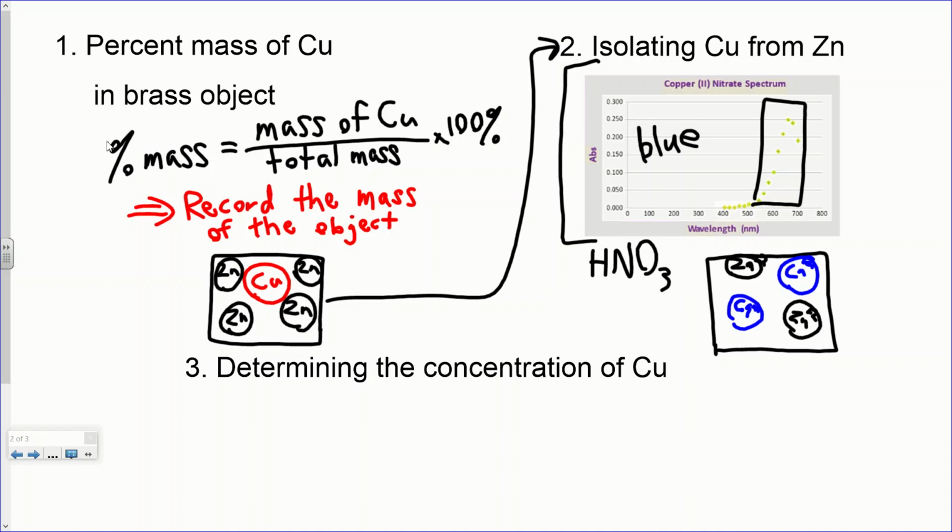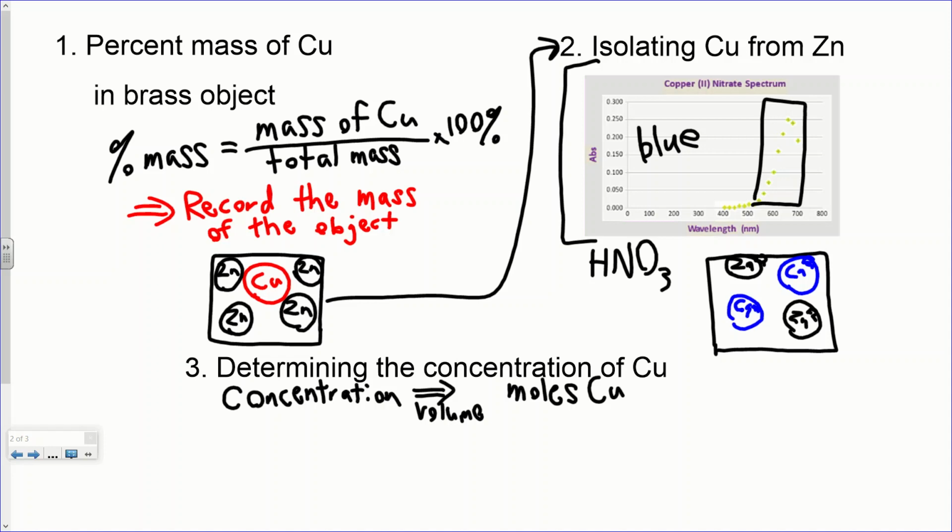Now just to kind of show you, when we get the concentration of copper, we can multiply by the volume of the copper solution to get the moles of copper. Remember, concentration times volume is moles. Because concentration is moles per liter, you just multiply by the number of liters, you're going to get the moles, right?